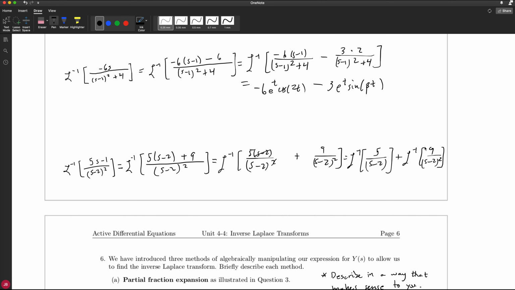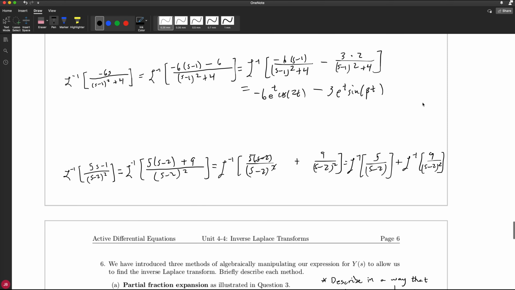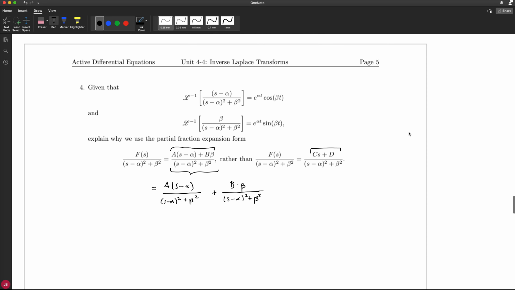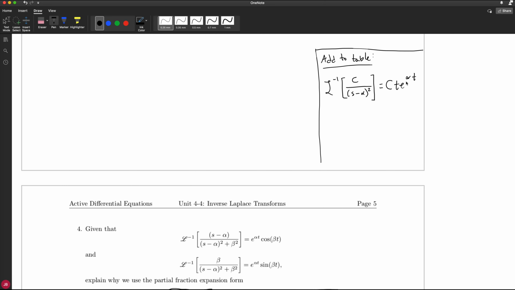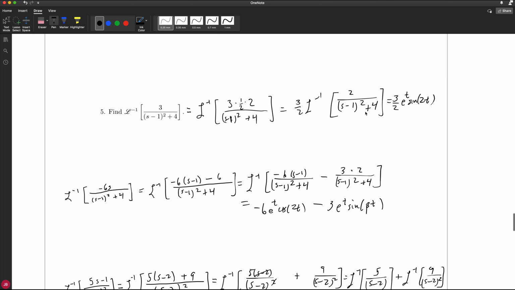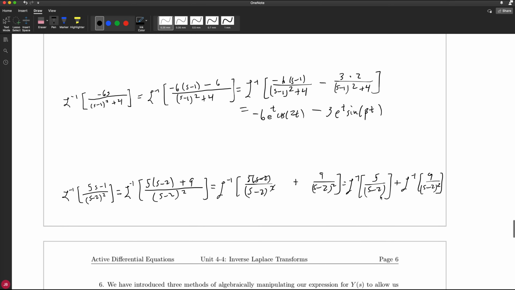And now this one, the second Laplace inverse, is this identity right up here, which you just added to your table. Notice alpha is 2, c is 9. And this one here, we already know. We've done this a million times. This is a normal exponential identity. And so there you go.